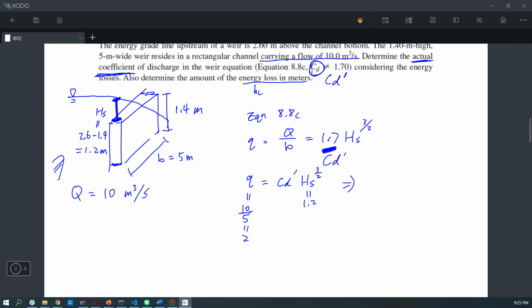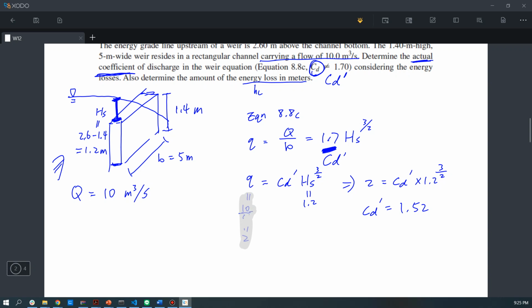So the entire thing can be written as 2 equal to C_D,plum times 1.2 to the power of 3/2. Then we can solve that C_D,plum is equal to 1.52.